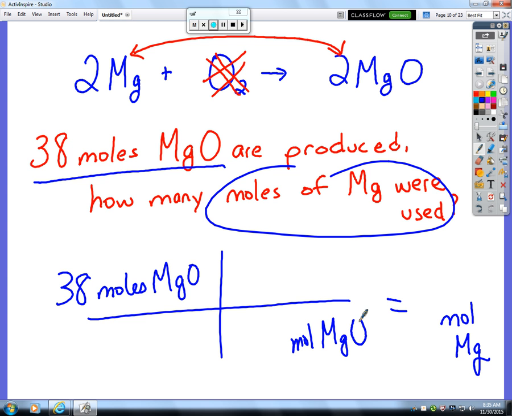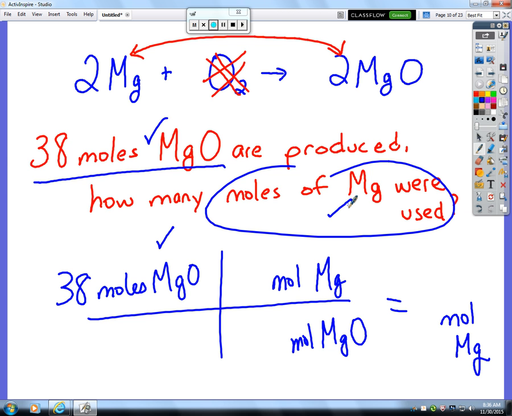I do not want it. I'm going to change it to moles of Mg because that's what I want. I've taken what I have and gotten rid of the words and changed it to what I want to obtain. What I have to what I need.